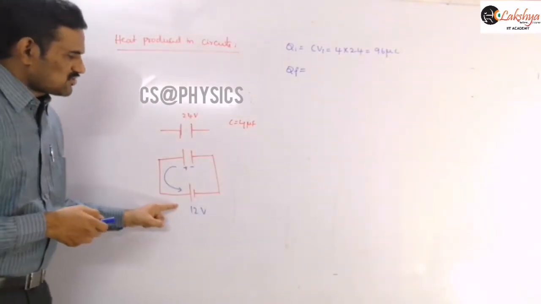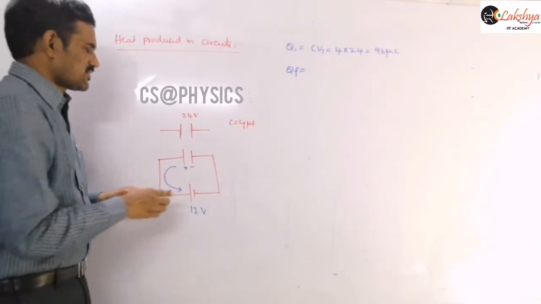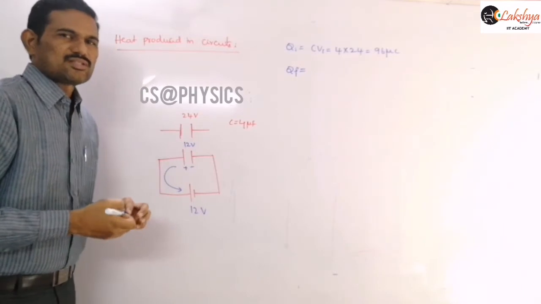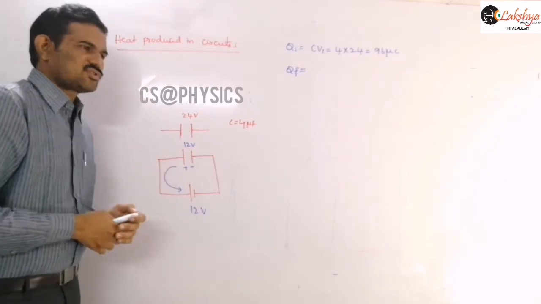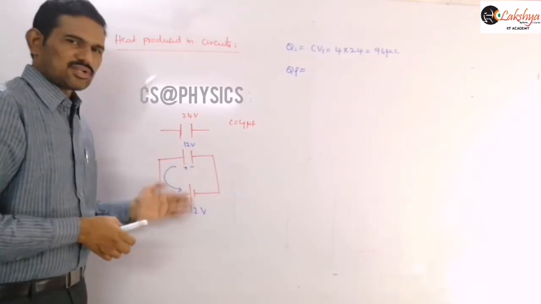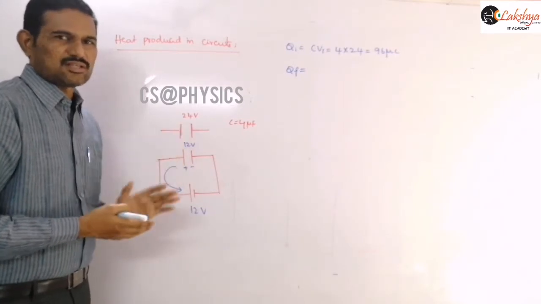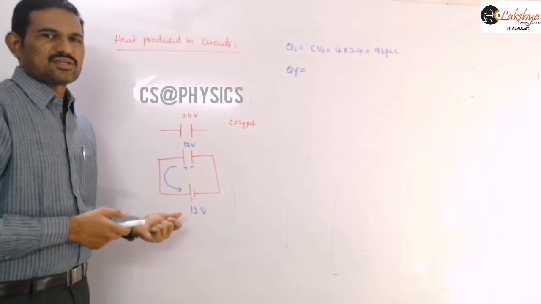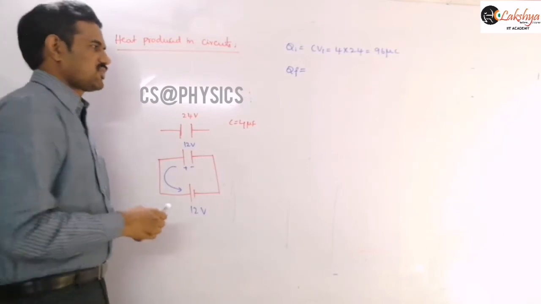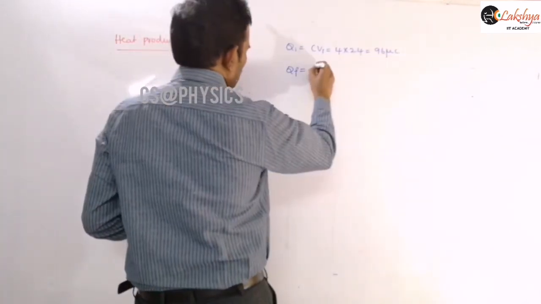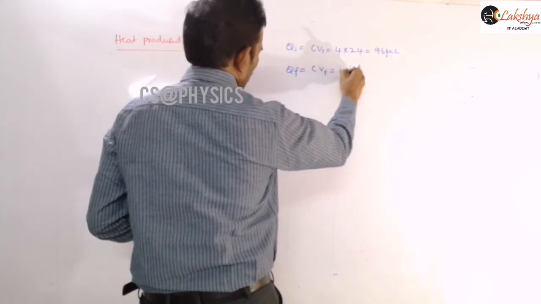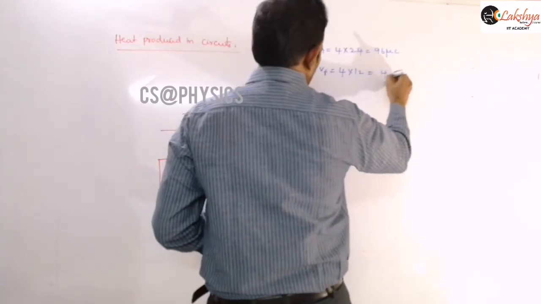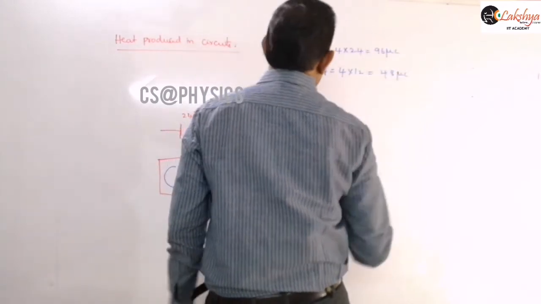This process will take place until the potential difference across the capacitor becomes 12 volts, right? Once the potential difference across the capacitor is 12 volts, there is no potential difference, and the capacitor will reach the steady state. So the final potential difference across the capacitor is nothing but 12 volts. Therefore it is C into V final, which is 4 into 12, which we can write as 48 microcoulombs, right?